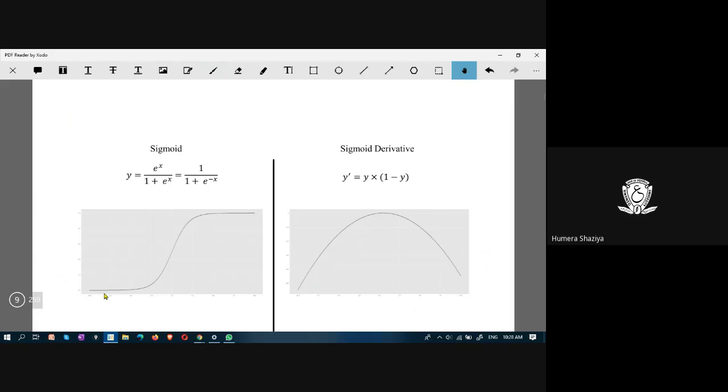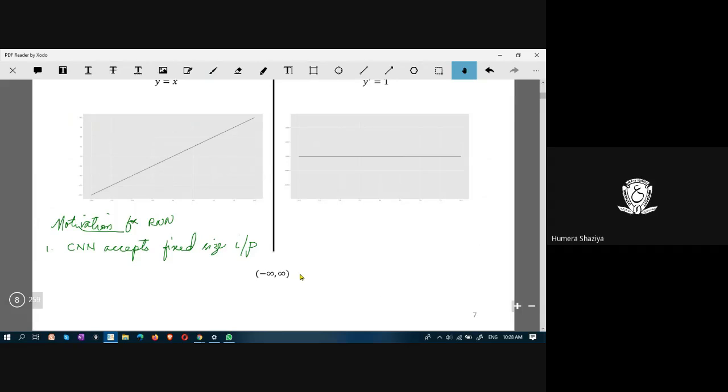For example, the MNIST data set. The size is 28 by 28. This is a grid, right? You have 28 rows and 28 columns. Here this is 28 and these columns and these rows also 28. So you have 28 by 28.